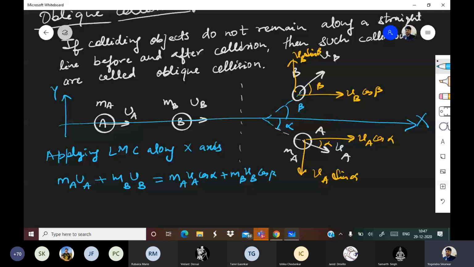This is equation number 1, by linear momentum conservation along x-axis.